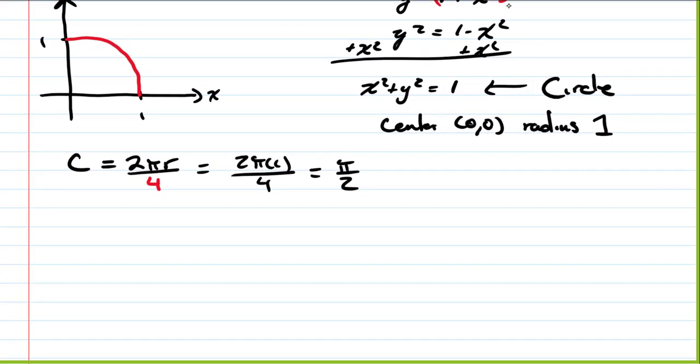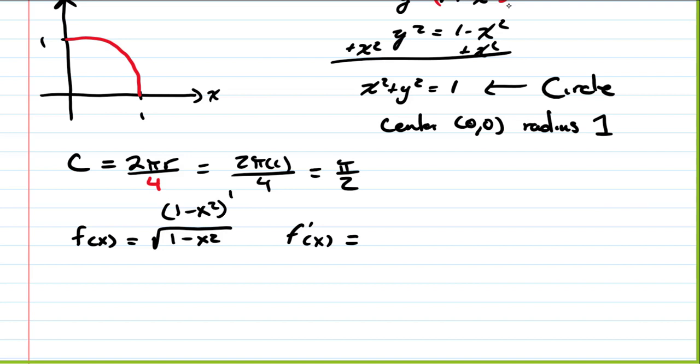see if that's true. So we have our function f of x is the square root of 1 minus x squared. So f prime of x is going to be, so this is 1 minus x squared to the 1/2. So our derivative is 1/2 times 1 minus x squared, take away 1 to the negative 1/2.